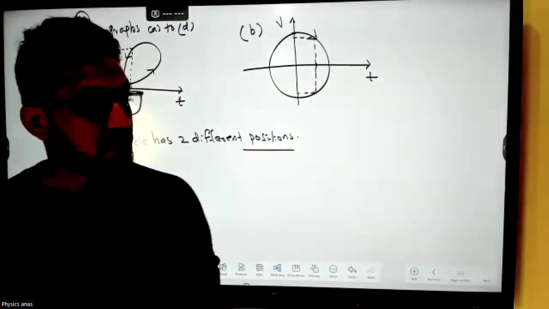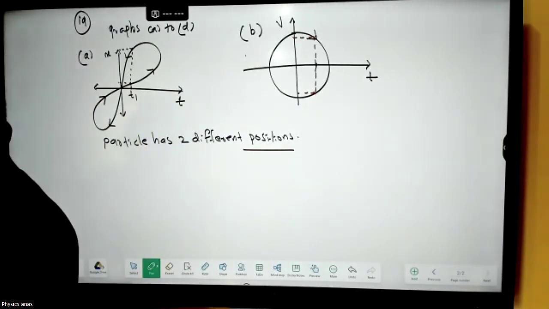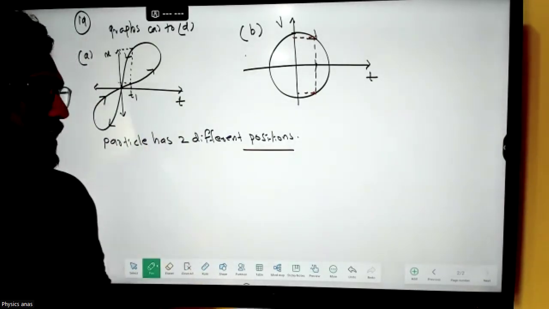So please draw the figure, and below the figure write: not in one-dimensional motion.